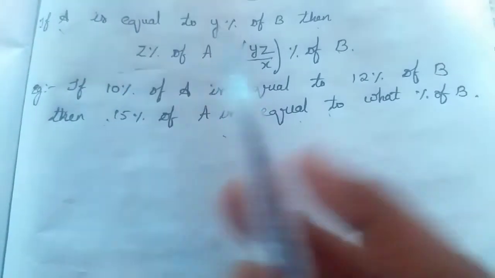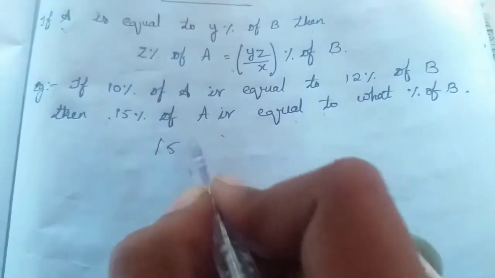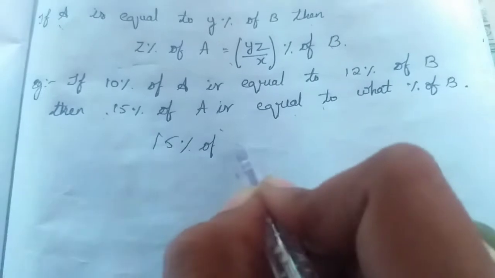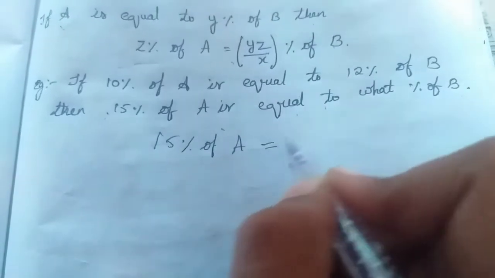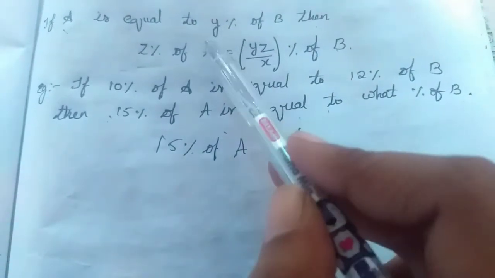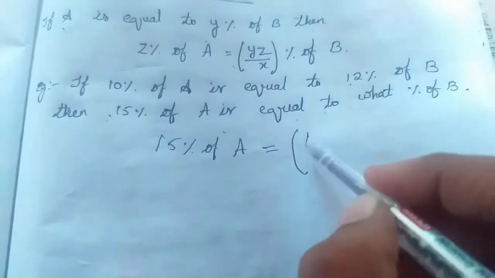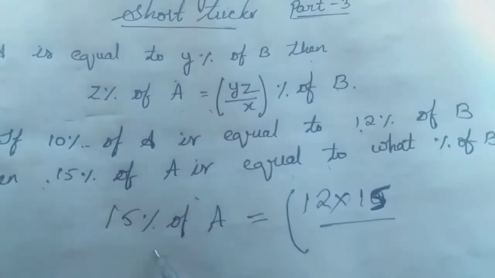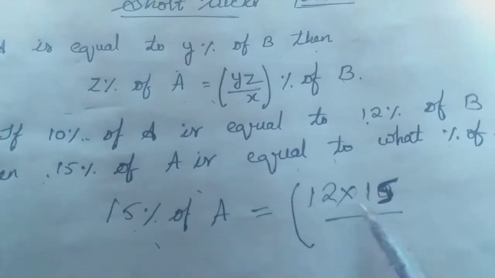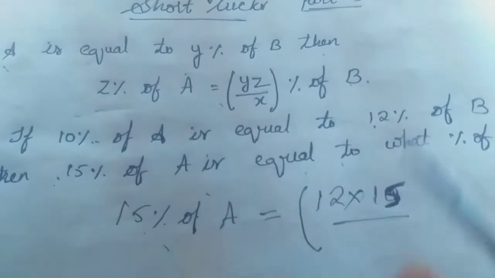Then in the Z place we have to write 15% of A is equal to, here Y means 12, Z means 15 and X means 10.